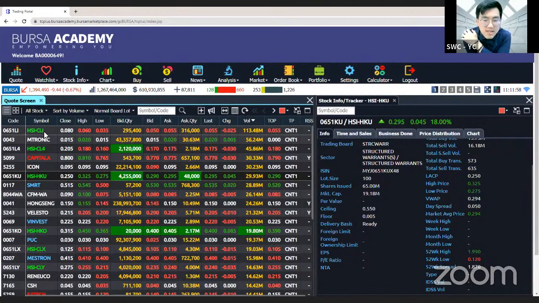This one is basically like you go to Genting, you are betting against the banker. The mother stock goes up, then you buy the warrant, then you are expecting the mother stock to go up again so that you can sell back to the bank at a higher price. I have a friend who is the market maker of this.